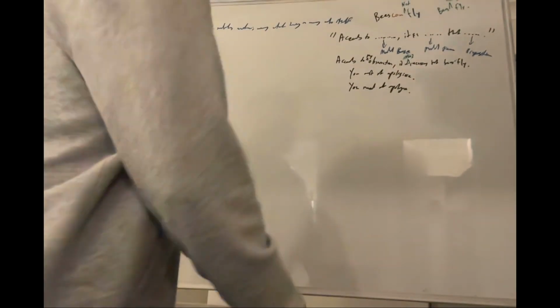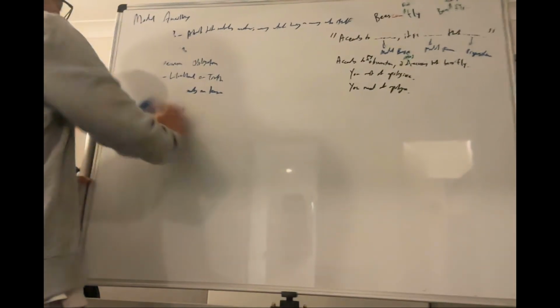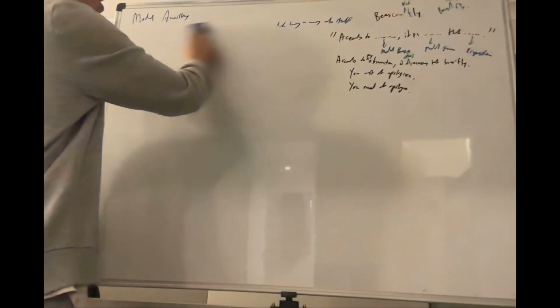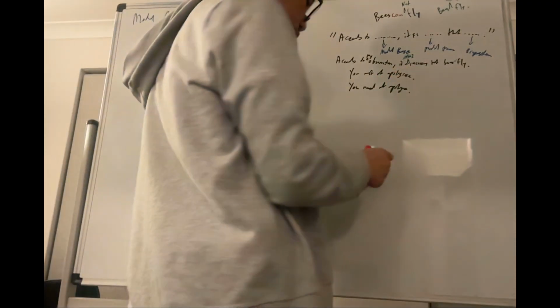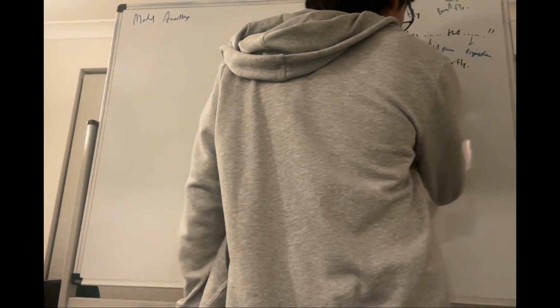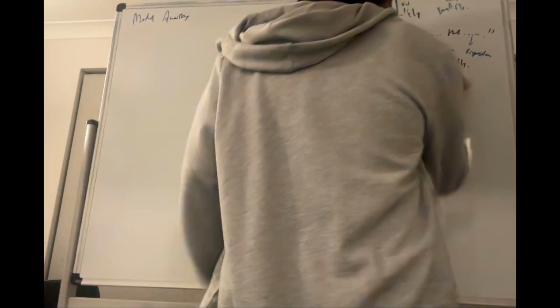Let's actually get into some modal auxiliaries and their rules. Oh, I almost forgot. This model of negation, putting the not here, is called external negation. And this is called internal negation.